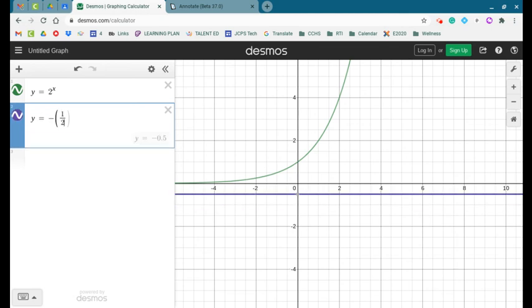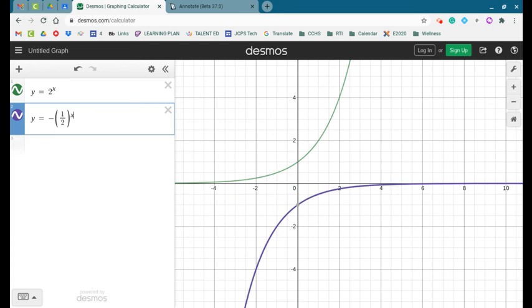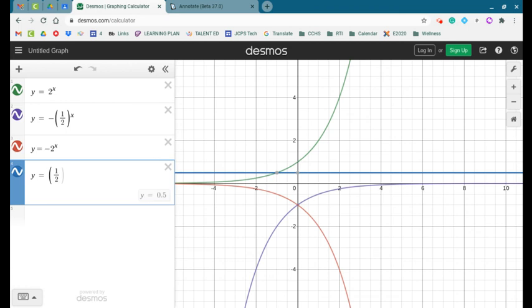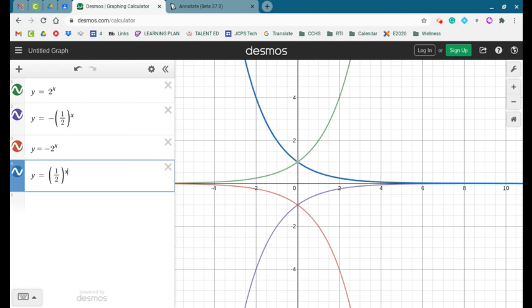Y equals -1 divided by 2 to the x. Y equals -2 to the x. Y equals 1 divided by 2 to the x. Okay, so we have 4 different lines again.